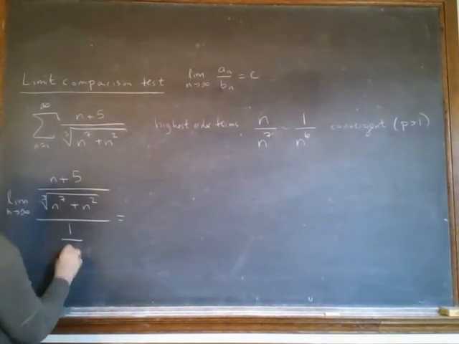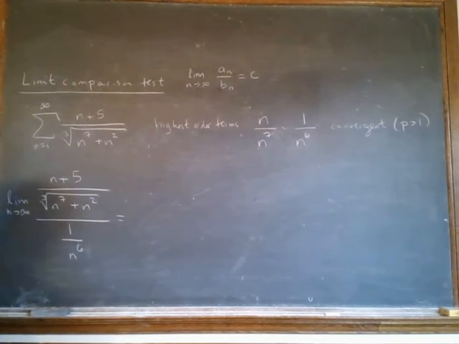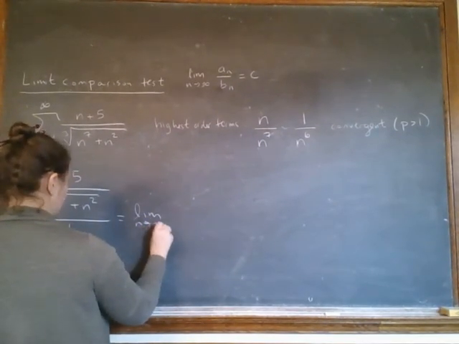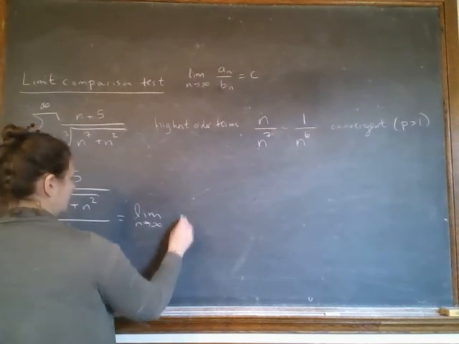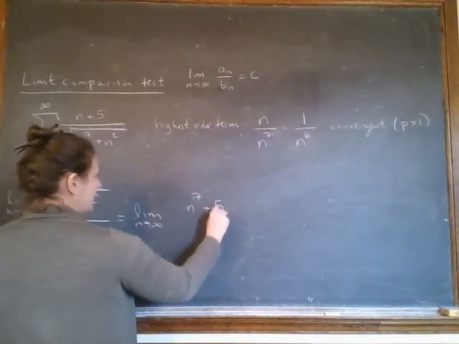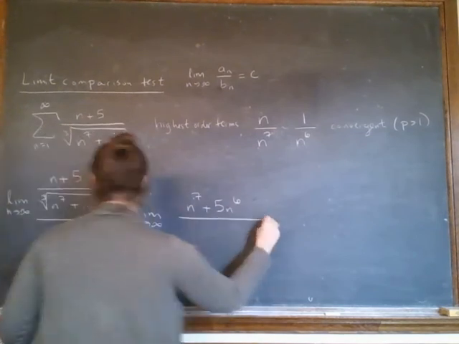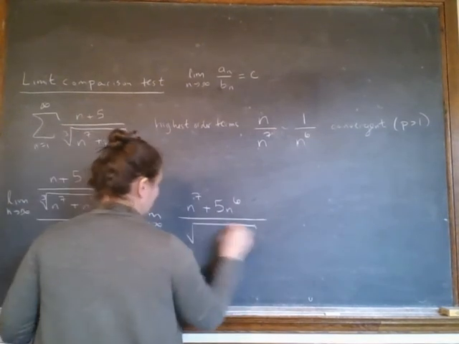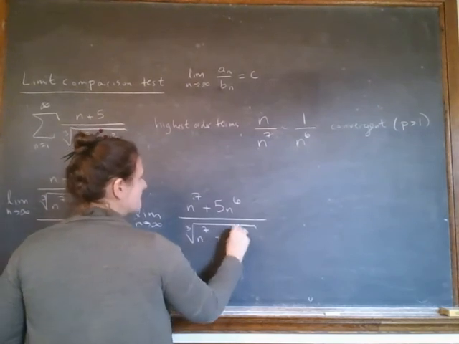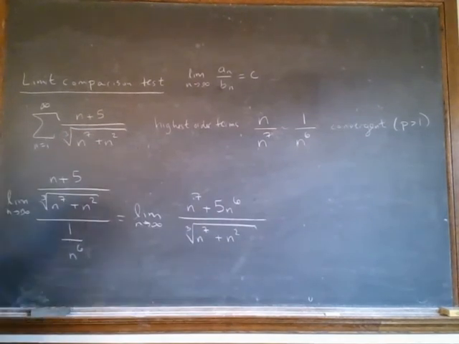This is going to be n to the 6th here. And so I'm going to have n to the 7th plus 5n to the 6th on the top. And then I'm going to have this cube root here. Okay?